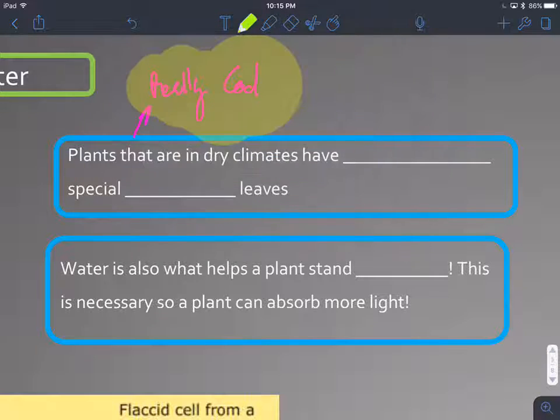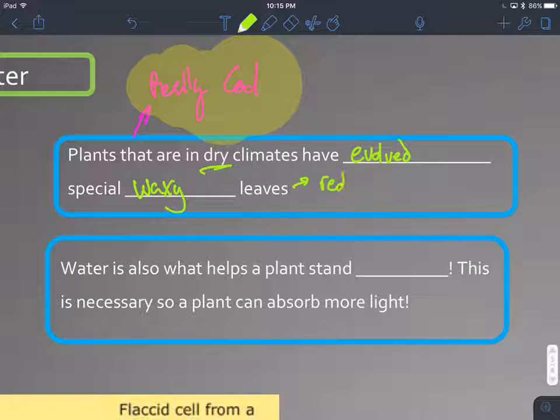Something that's actually really cool is the fact that many plants in dry climates have evolved special waxy leaves. These waxy leaves reduce the amount a plant sweats.